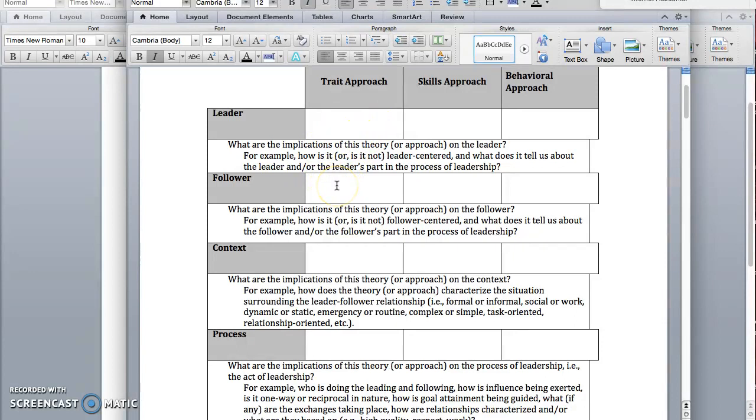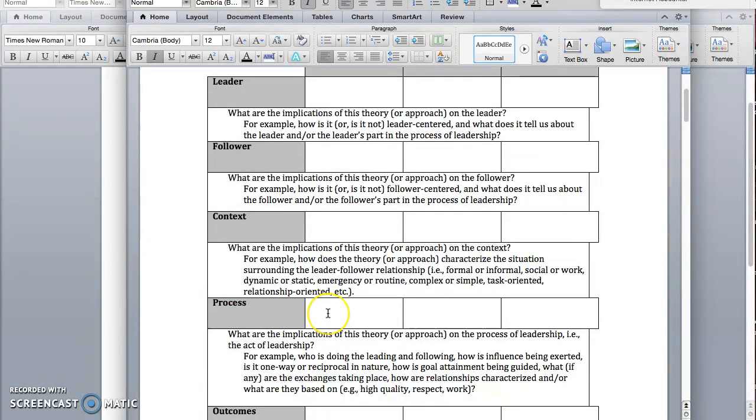For the follower, there's not as much because the trait approach doesn't really impact the follower. It's about the leader. For the context in the trait approach, the leader doesn't adjust to the context. Different contexts actually need different leaders, with different personality traits. The process is a bit one way.